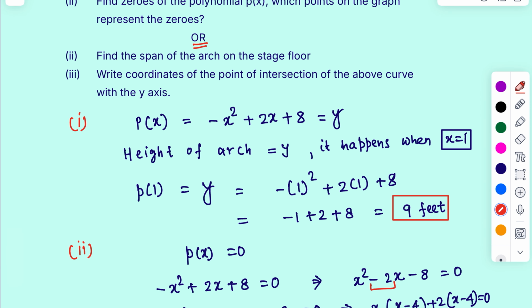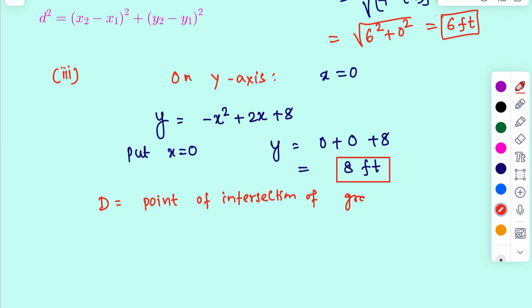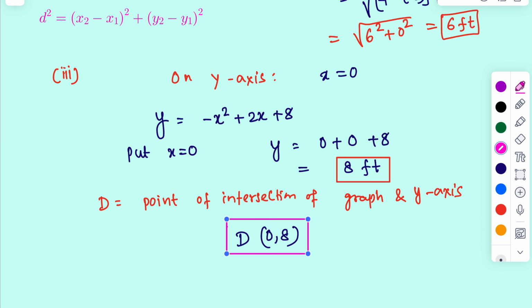Point D is the point of intersection of the graph and the y-axis, and it has coordinates x equal to 0 and y equal to 8. D is the point having coordinates 0 and 8. This is the answer.